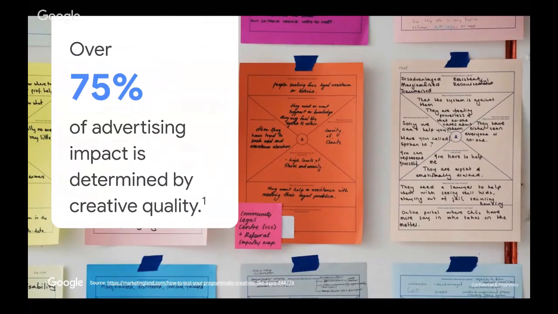So that's a huge impact, is going to be determined based on your creative quality. So to fully automate our creatives, we leverage machine learning to generate the right message for the right user. And in this way, machine learning and Google Smart Creatives will actually allow you to focus on your creative quality and really let the machine learning in the background do all of the heavy lifting for you.